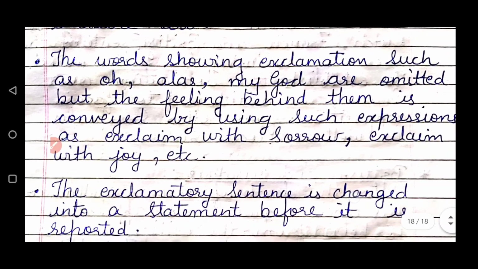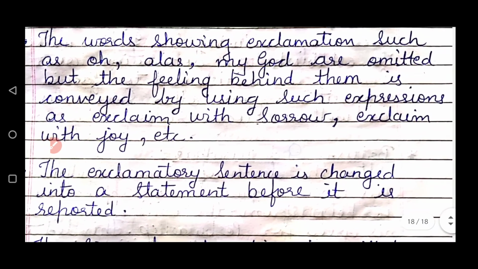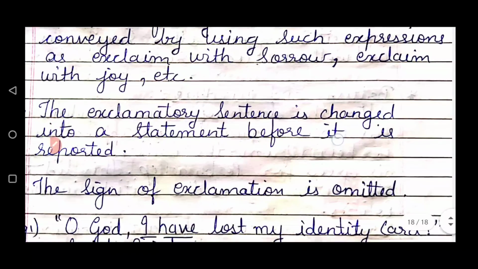The words showing exclamations such as oh, alas, my God are omitted, but the feeling behind them is conveyed by using such expressions as exclaim with sorrow, exclaim with joy, etc. तो हम एक्चुअल exclamation marks वाले words नहीं use करते हैं. Oh, ouch, alas, ये words हम नहीं use कर सकते हैं. इनके बदले में हम use करेंगे इस तरीके से, जैसे exclaim with joy, exclaim with sorrow, exclaim with grief, like that, these kind of words.